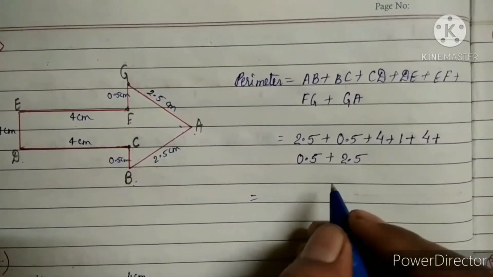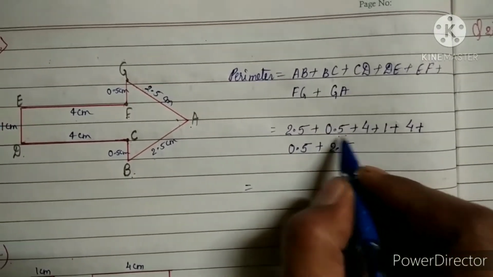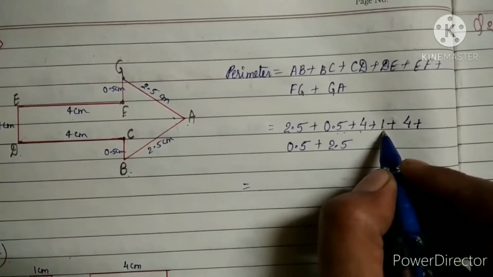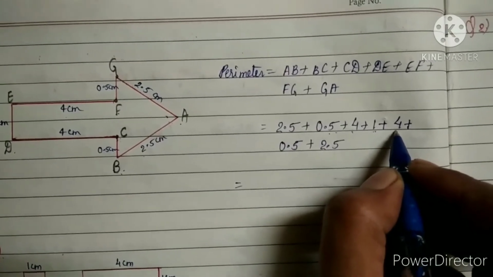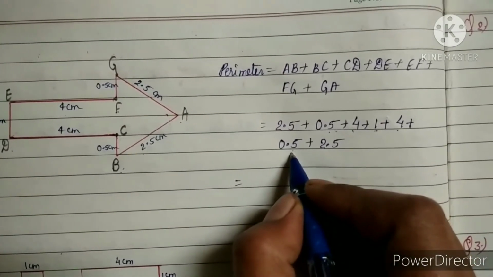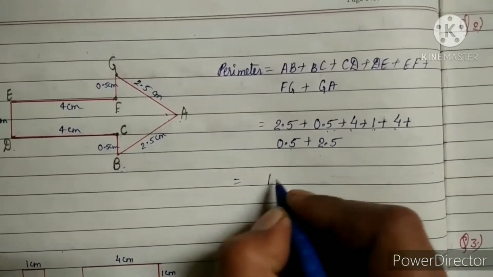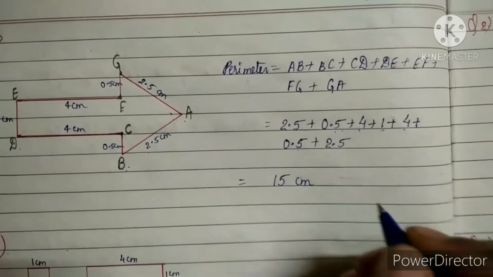So simply we will add them. 2.5 and 0.5 will be 3. 3 plus 4 is 7. 7 plus 1 is 8. 8 plus 4 is 12. And 12 plus 0.5 is 12.5. And 12.5 added to 2.5 gives us 15 and the unit will be centimeter.